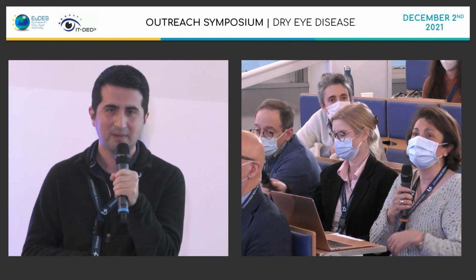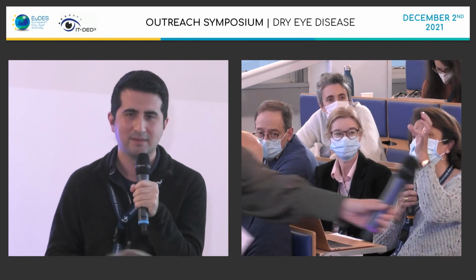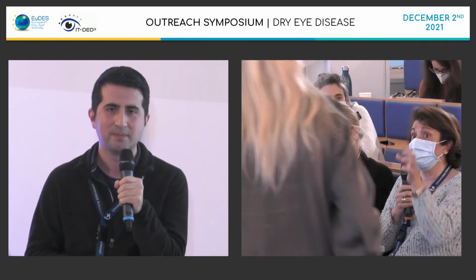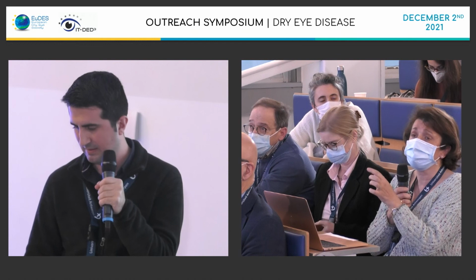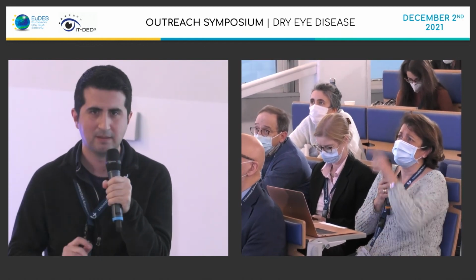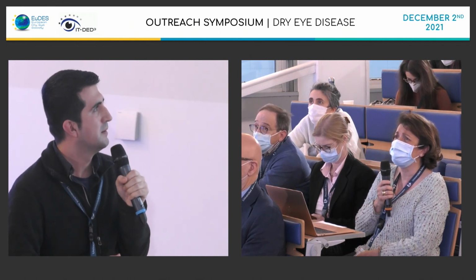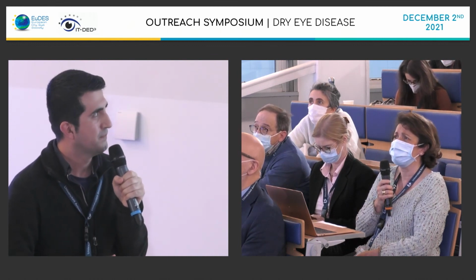Murat, a question. You showed in a table some clinical values comparing healthy controls with Sjögren's. If I'm not mistaken, the Schirmer test of 8 millimeters for a Sjögren's patient is very unusual.